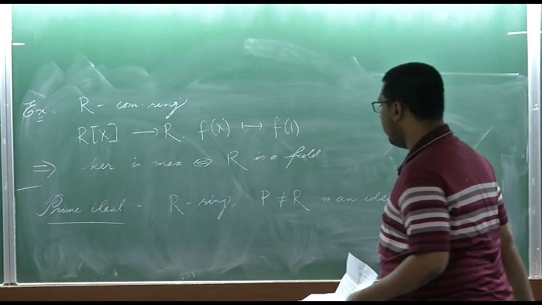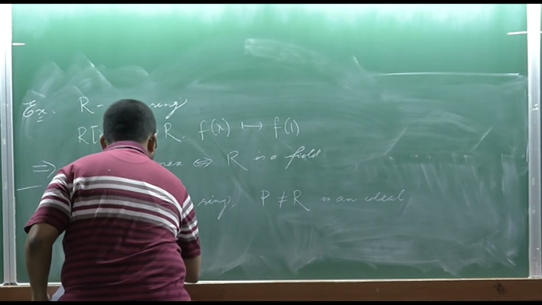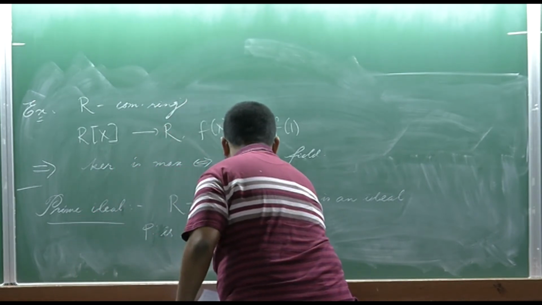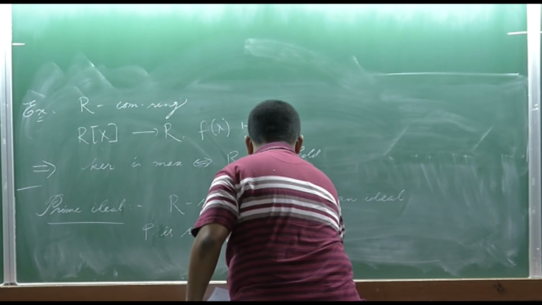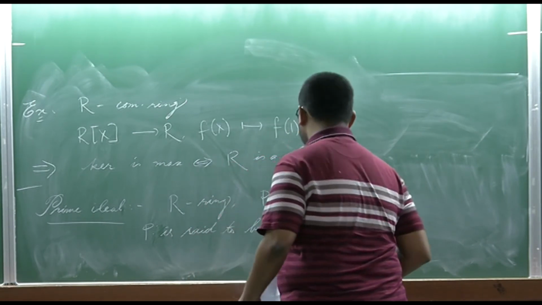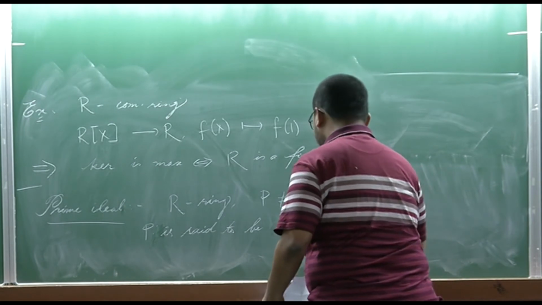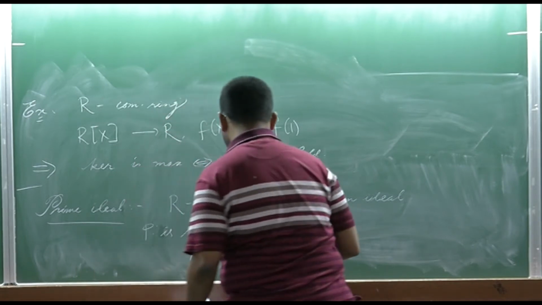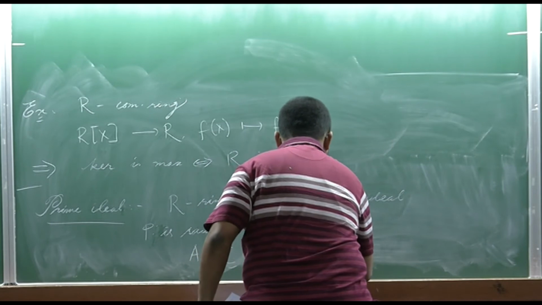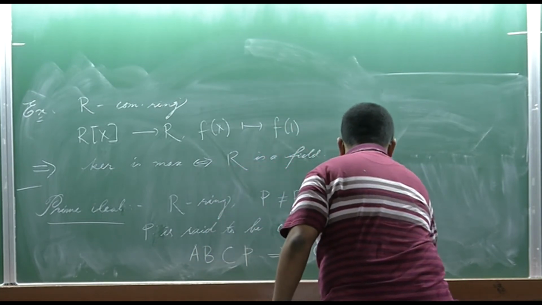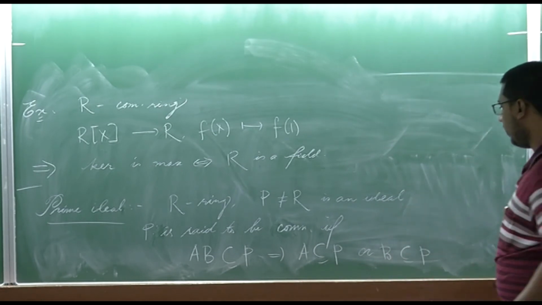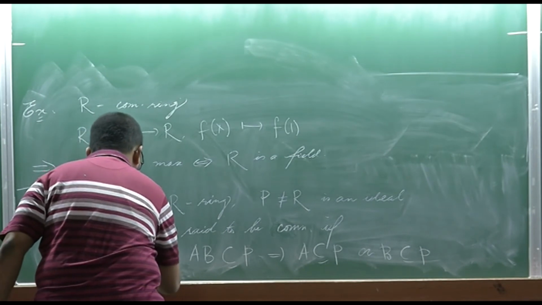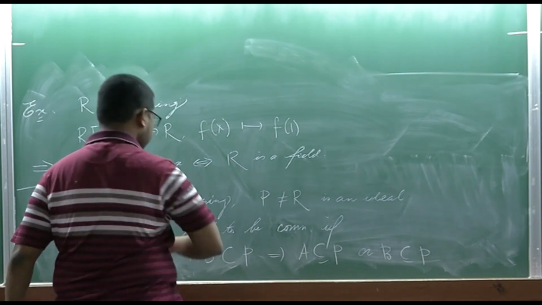The definition says P is said to be prime if the following happens: whenever A and B are ideals with the product AB contained in P, then that implies A is contained in P or B is contained in P, for all ideals A and B.